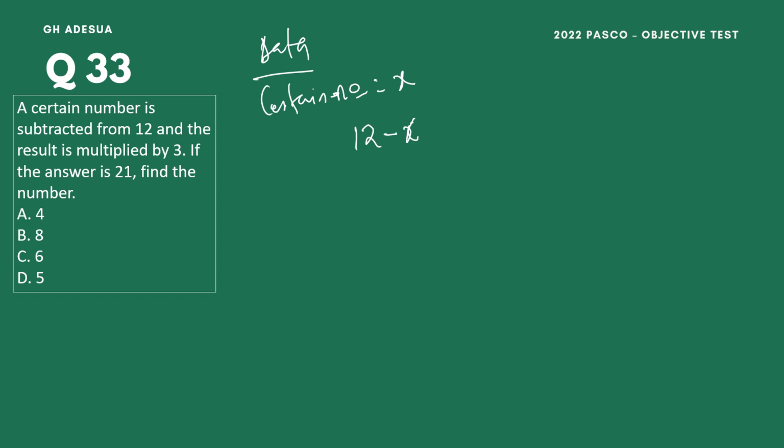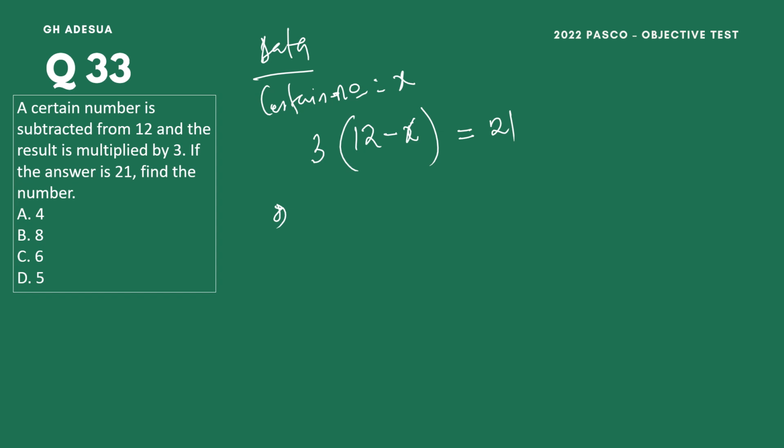The result is multiplied by 3, so we put that in brackets and multiply by 3, since 12 minus x gives us our result. If the answer is 21, then it is equal to 21, and we now have a complete equation we can solve.